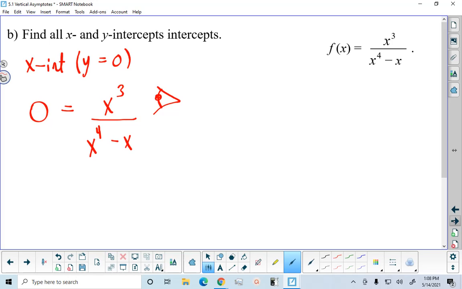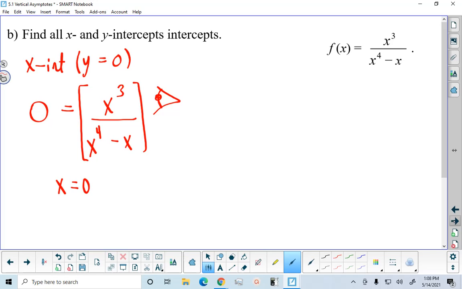And here's the logic. If that entire fraction, which is y, is equal to 0, then the only way that can be true is if the top of the fraction is 0. This is the only way in the universe you can have a fraction equaling 0. So you end up saying x equals 0 because of the numerator.